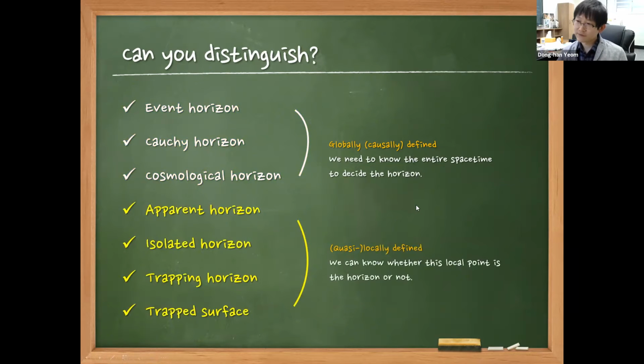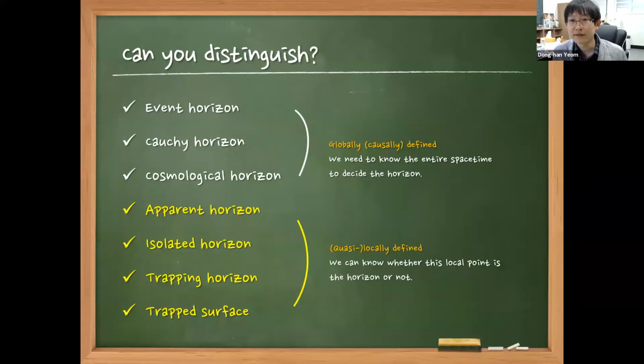So as an alternative, you may think about more physical definitions of the horizons. These are locally defined horizons, or somehow you mix the local and global notions, so you may say quasi-locally defined horizons. If you define such horizons, then we can know whether this local point is the horizon or not. Therefore, these are very nice features and more physical concepts.